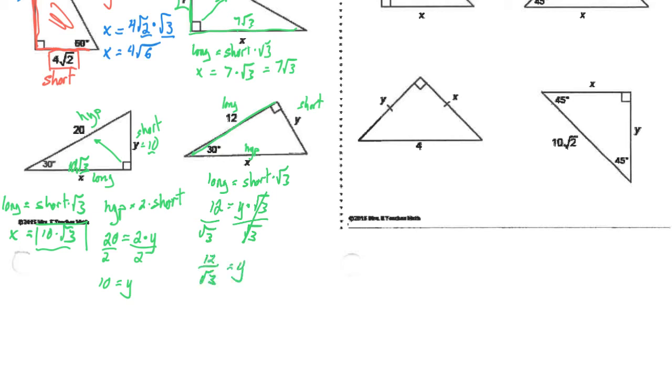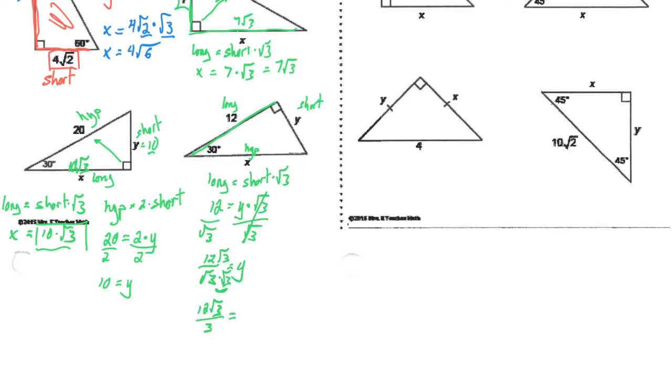But the problem is we can't leave the radical in the denominator, so we have to rationalize it like we were doing in the previous video. So how do I do that? Remember, I multiply the radical 3 on top and bottom. So on the top I have 12 radical 3. Can't multiply those. On the bottom I have radical 9 for multiplying those together, but radical 9 is just regular 3.